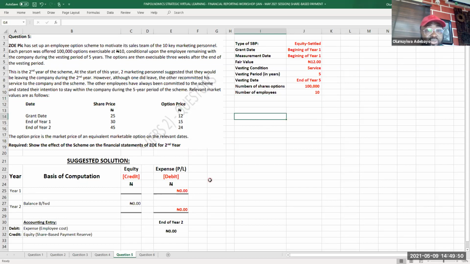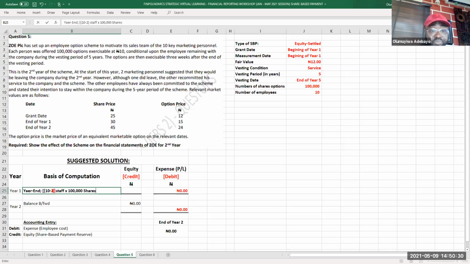Now, in this case, what happens? We are told to show the effect of this scheme in our financial statements for the second year. We can't do the second year without knowing the balance in the first year, which means I must first obtain my balance in the first year. As at the first year, out of the 10, 2 are estimated to have left over the 5-year vesting period. Therefore, 10 minus 2 means 8 staff are expected to vest, and each staff is entitled to 100,000 shares.